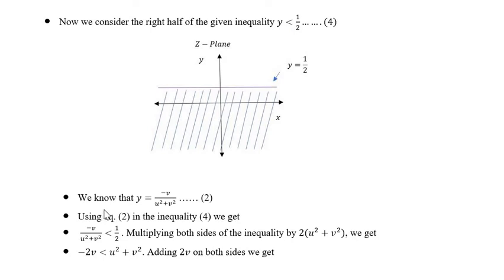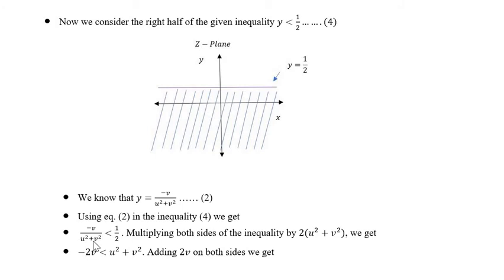Again, we know that y equal to minus v upon u square plus v square. Using equation 2 in the inequality 4, we get the image corresponding to y less than 1 by 2.